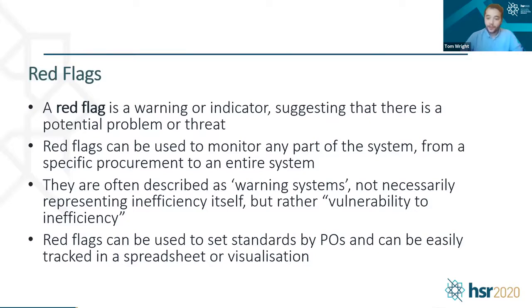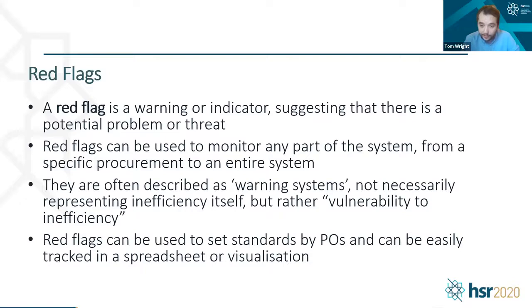Red flags can be used to monitor any part of the system, from a specific procurement to an entire system. So there can be red flags in a particular procurement process. It could say that there is a red flag in that the tender period was too short for this particular contract, or it can be for the entire system. So in the entire system, there may be a trend in that the tendering period is always too short, which would therefore represent a red flag in the tendering period.